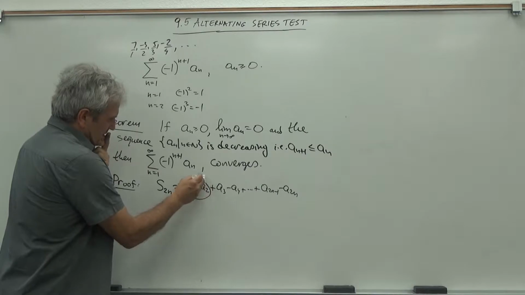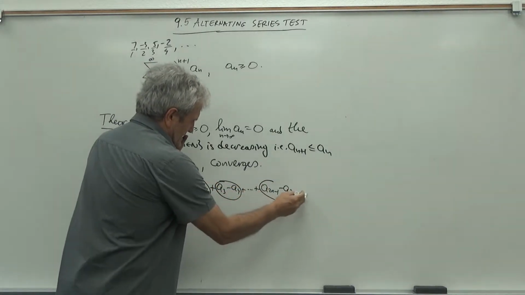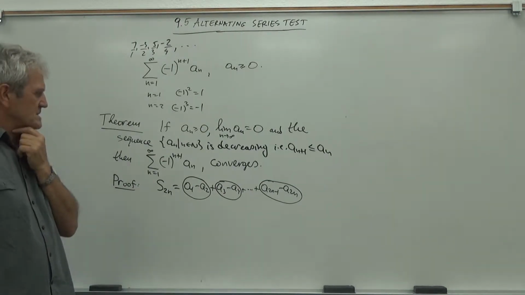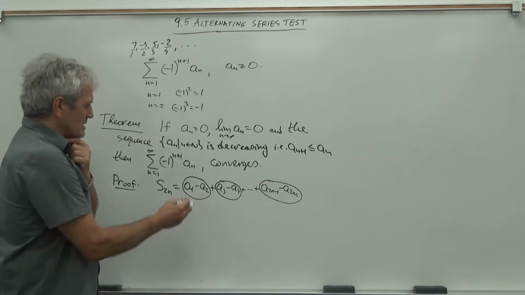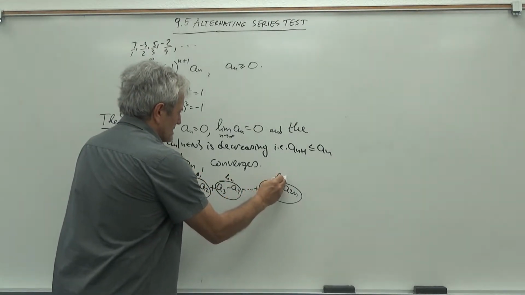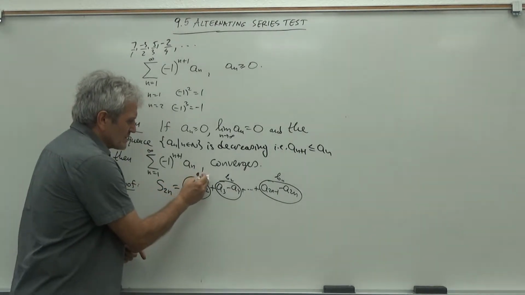Let's consider these pairs as one member. So basically this looks like a partial sum of a series, but not the 2n-th. I'll call this b_1, this b_2, this b_n. But now, each of them is greater than or equal to 0.